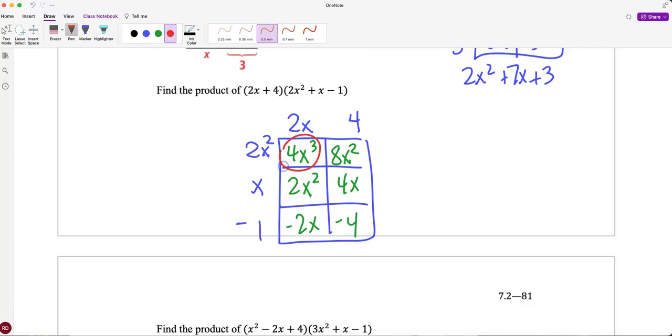And then put it in standard form, 4x cubed plus 10x squared plus 2x minus 4.